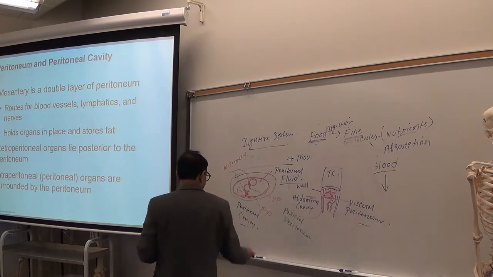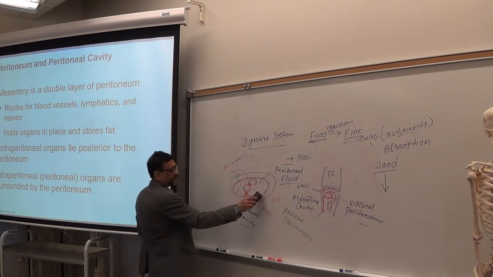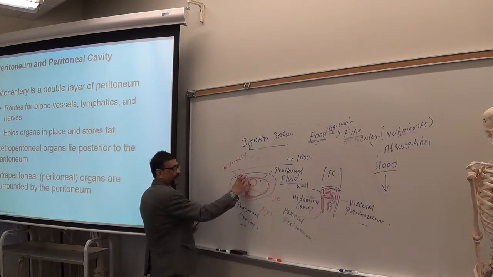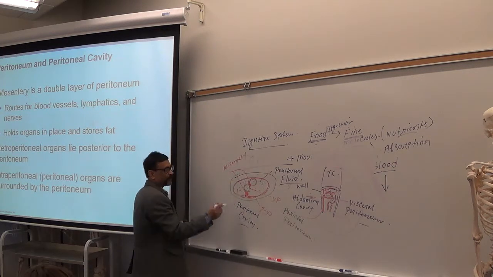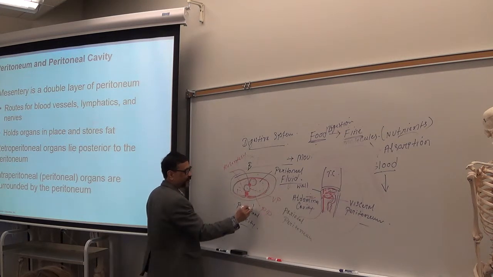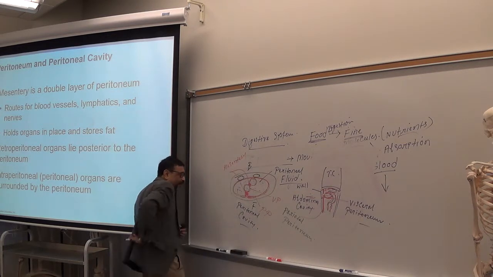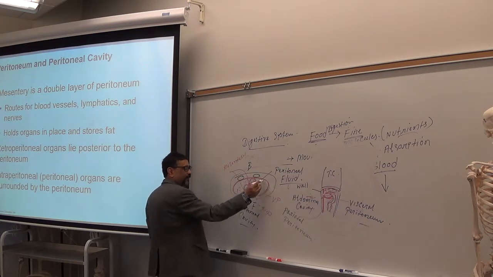Now, most of the abdominal organs are in the peritoneal cavity, but there are a couple of organs that are outside of the peritoneal cavity. If this is the back of the body, this is the front, your kidneys are located here. Two kidneys are located in the back, and they are not in the peritoneal cavity.